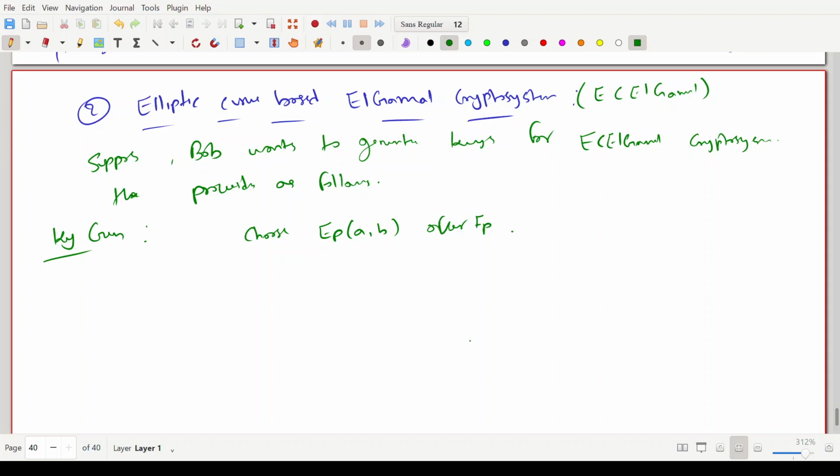Choose a point P, capital P, which is (x1, y1) belonging to EPAB of order n. That means n times P is infinity, or the point at infinity.